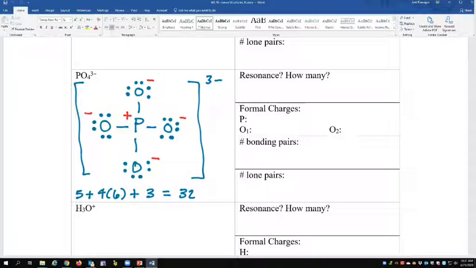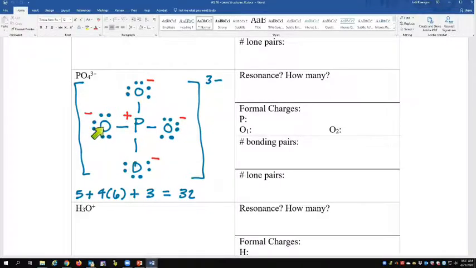Now, the formal charges do add up to the overall charge, but everybody's got a formal charge. And we should be looking for trying to get everybody to 0 if possible. So here we've got a situation where we've got a positive formal charge and a negative formal charge, and so we can probably do some moving around and get both of those to 0.